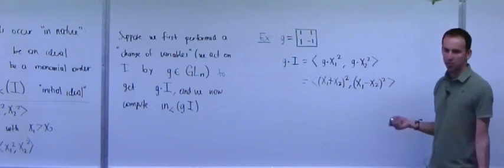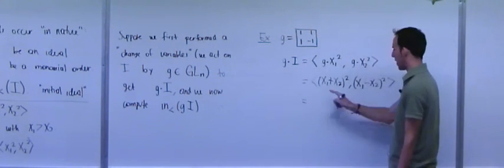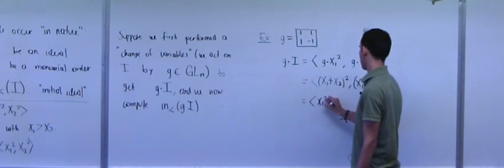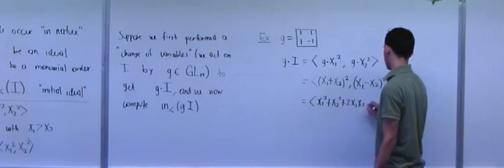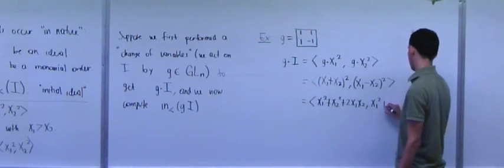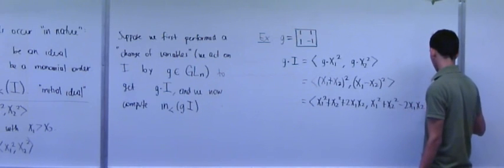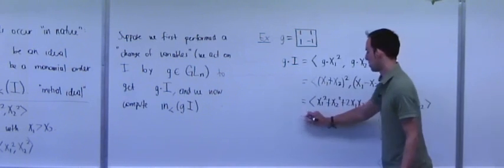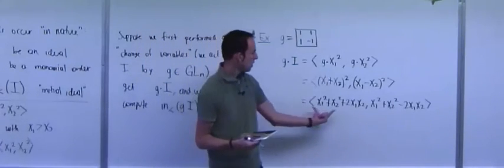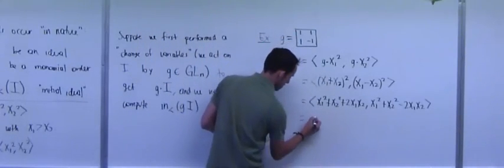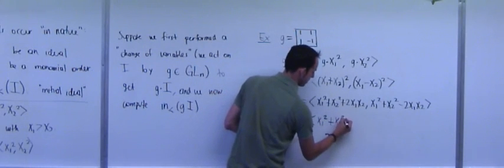And we should ask ourselves, well, is this the same ideal? Is it a different ideal? Let's figure it out. So let me just multiply this out. So my ideal looks like this. And now if I look at this, I see that I can generate x1 squared plus x2 squared, right?